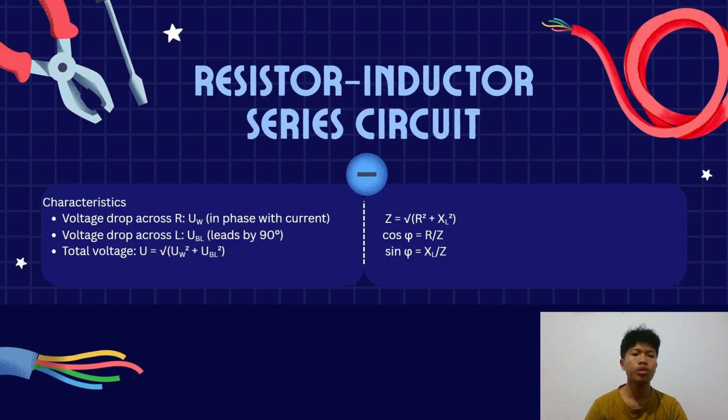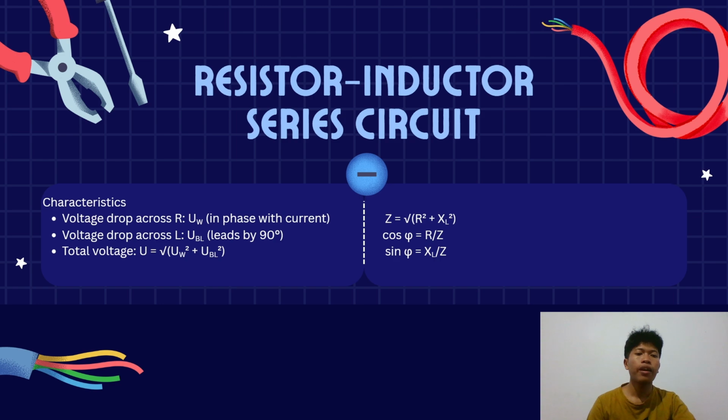When they connect to an AC source, several things happen. The characteristics: voltage drop across R, UR, is in phase with current, and second, voltage drop across L, UL, leads by 90 degrees.